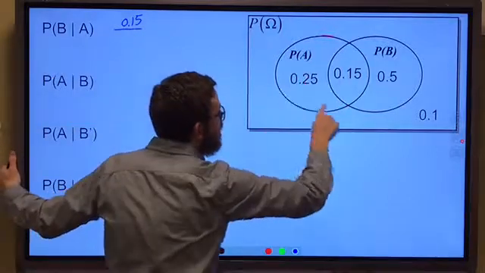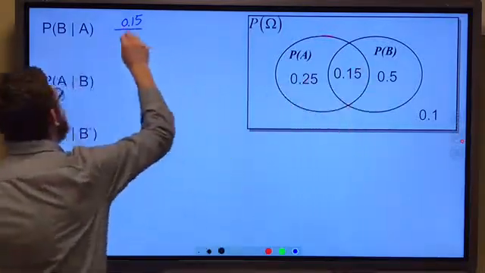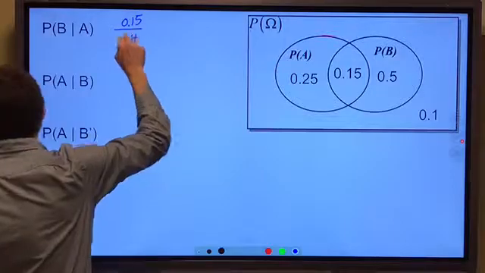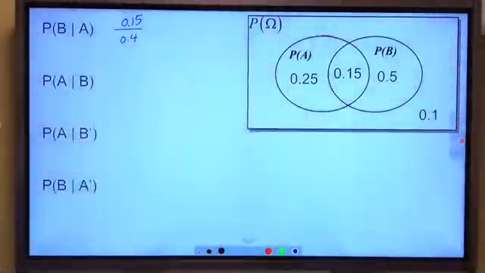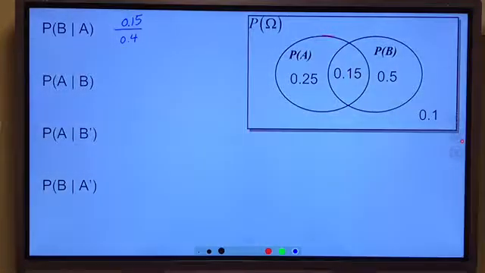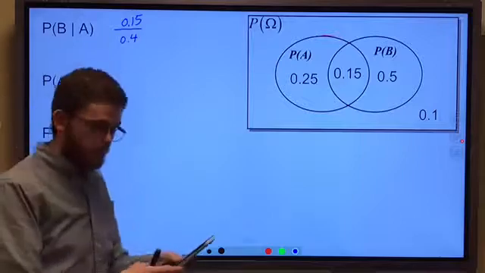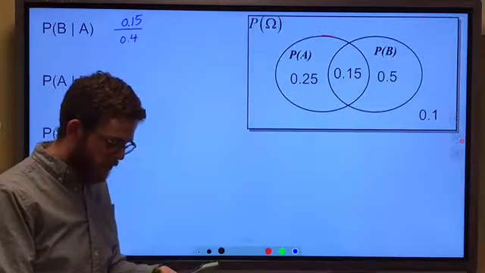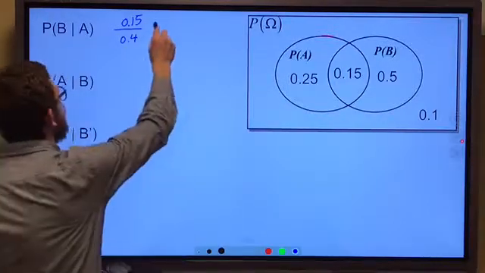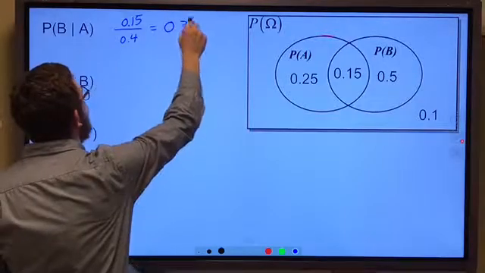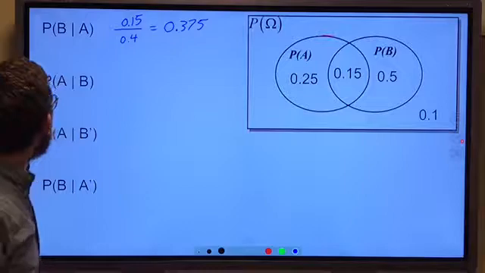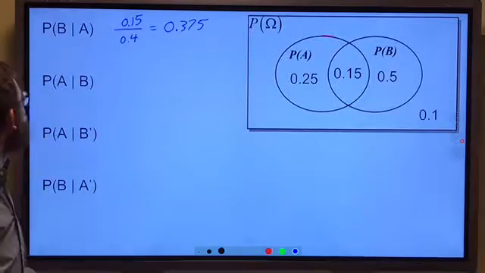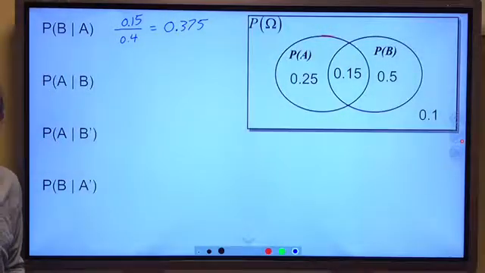The probability of A, the bubble A, is 0.4. Let me get a calculator. All right, so we go 0.15 divided by 0.4, and we get 0.375. It's the probability that B happens given that A will definitely happen.